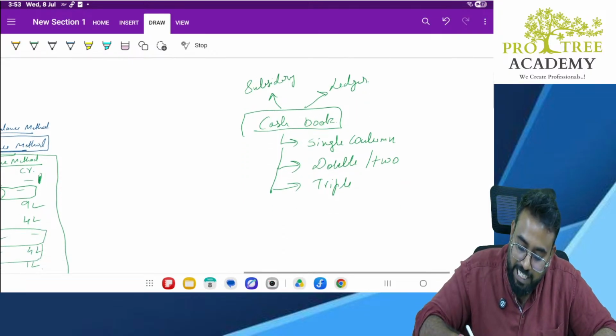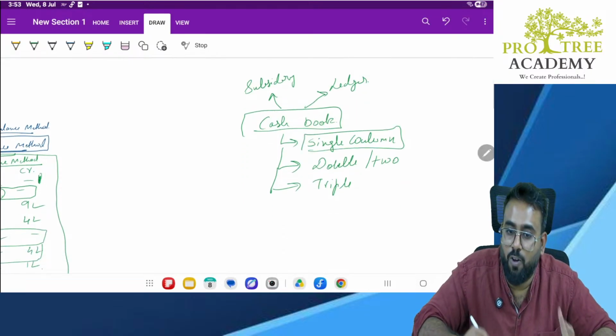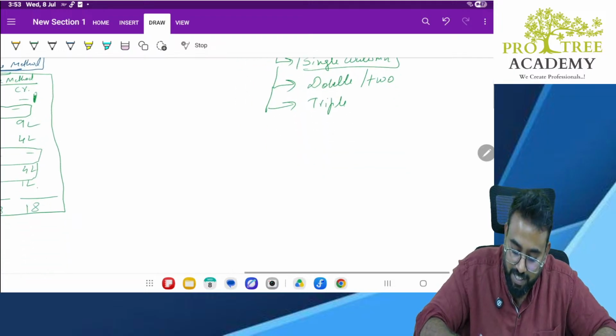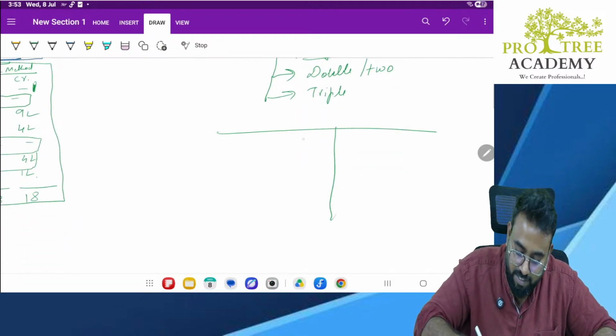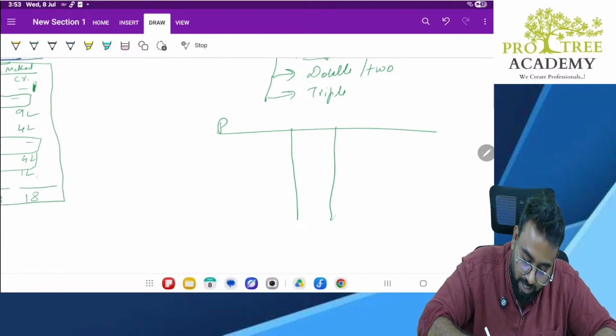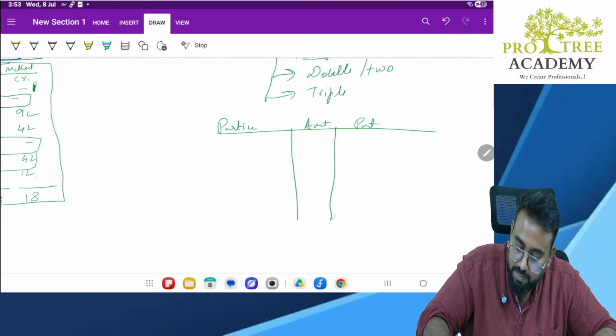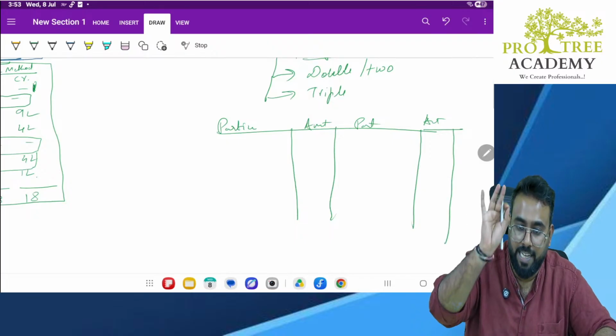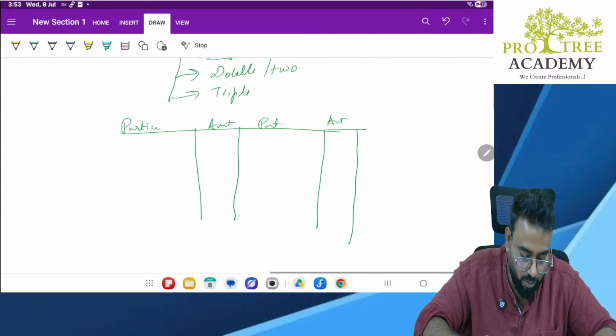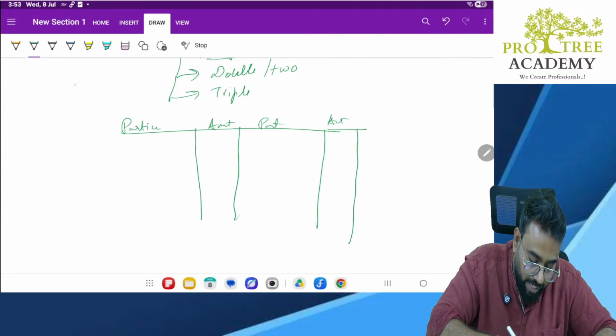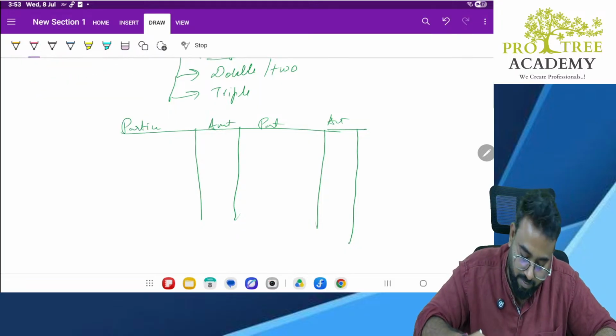Now, cash book has a single column. What is the meaning of this, sir? Particular one amount. This is a single column cash book. Now, what is a double column cash book, sir?